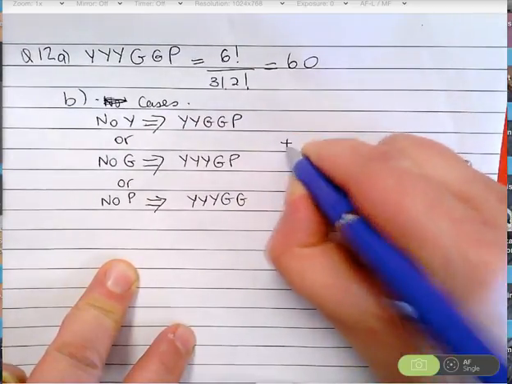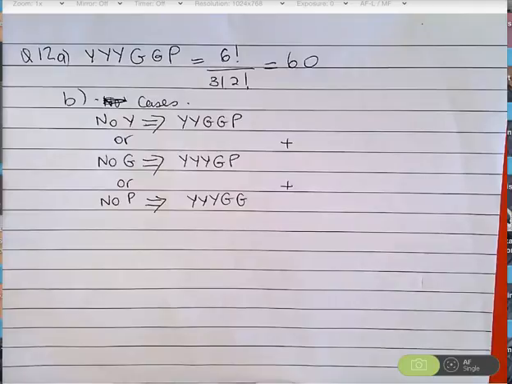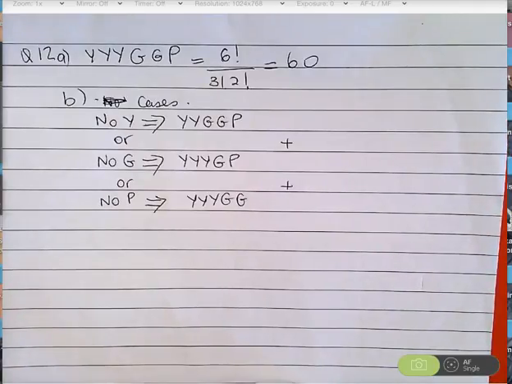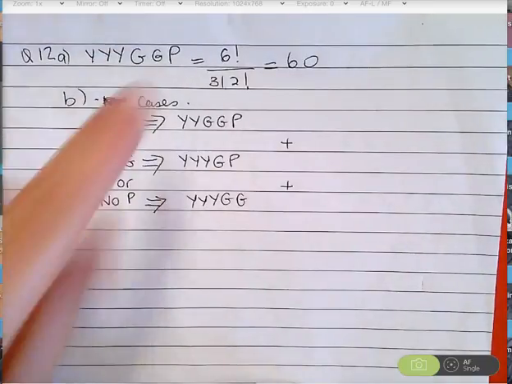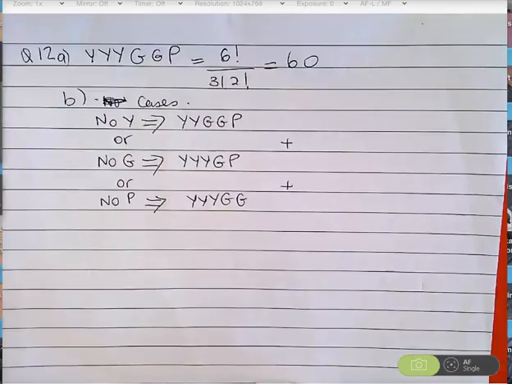Now you do each of those and add them, because we're only choosing 5 out of the 6 possibilities. So you could be missing the yellow, or the green, or the purple.